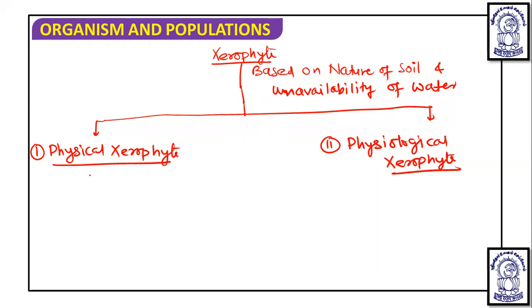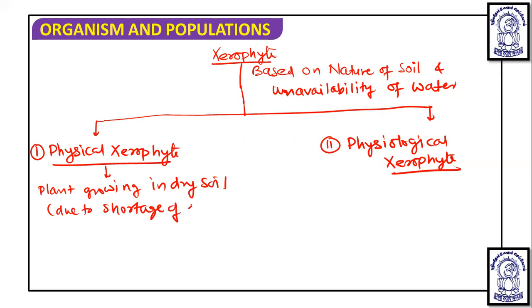Now physical xerophytes: physical means the soil is physically dry. So physical xerophytes are xerophytic plants growing in physically dry soil due to shortage of water.